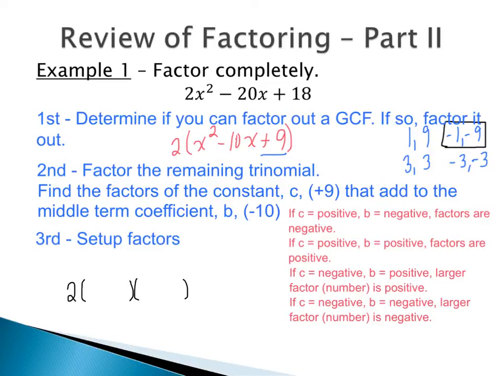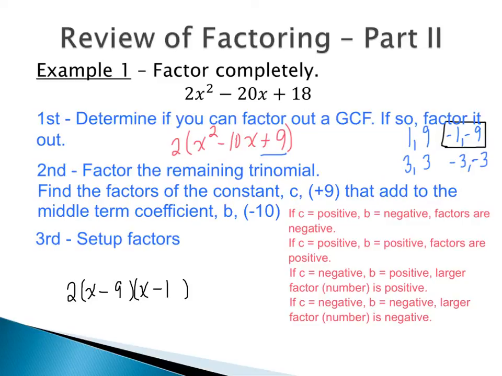We're going to have an x in each of our factors, since x times x is x squared. For our 9, negative 9 and negative 1 in either order will multiply to give us that positive 9. And then as the remainder of our check, our negative 1 and our negative 9 added together will give you the negative 10 in terms of your middle term coefficient. You can always check this by distributing.